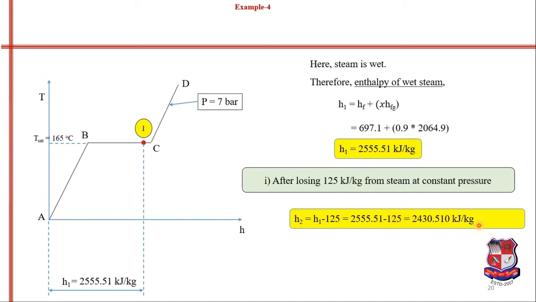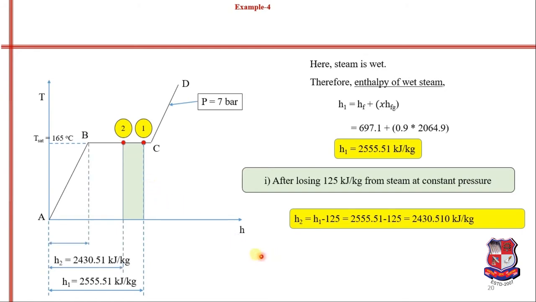So at point 2, our enthalpy will become 2430.51 kilojoule per kg. Whatever enthalpy we have at point 1, we are subtracting 125 kilojoule per kg from that system. So our point will be here. h2 is 2430.51 kilojoule per kg.